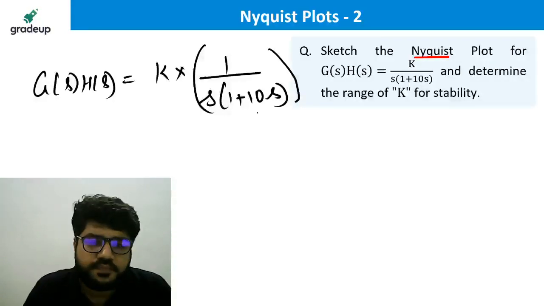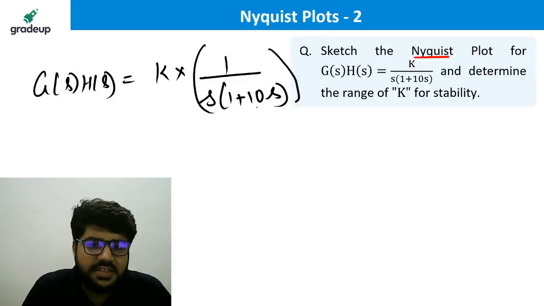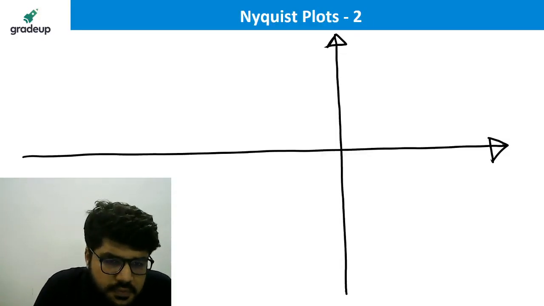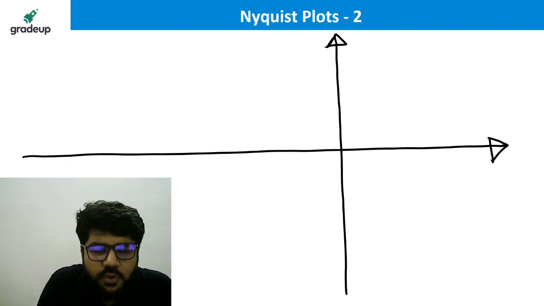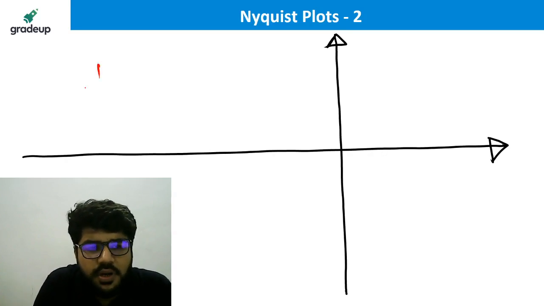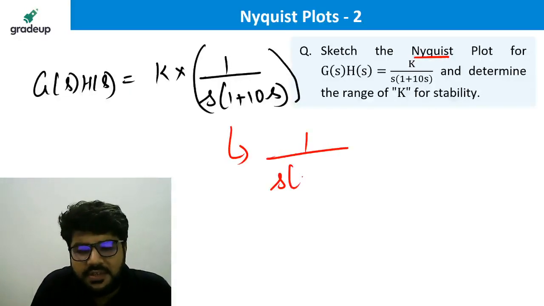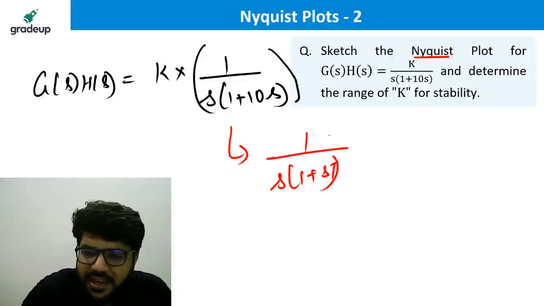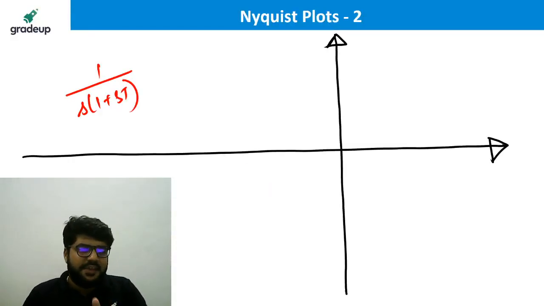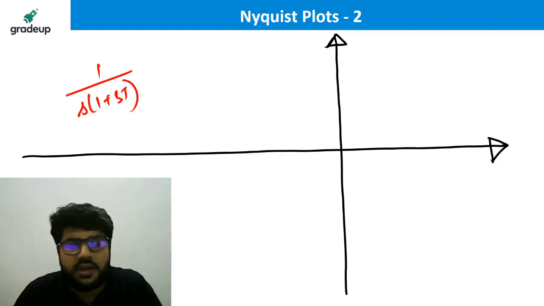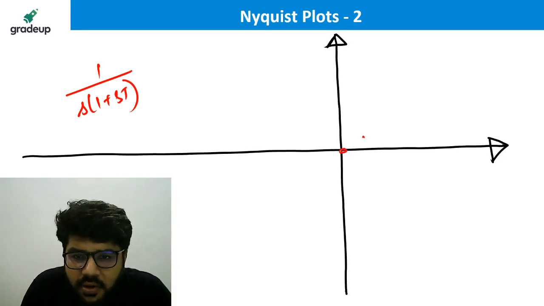K into 1 by s(1 plus 10s). What is the polar plot for 1 upon s(1 plus sT)? Basically, I am taking the first 2-3 problems where I have considered the polar plot and then going to convert it into the Nyquist plot.